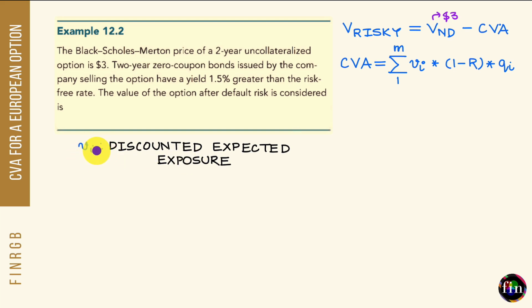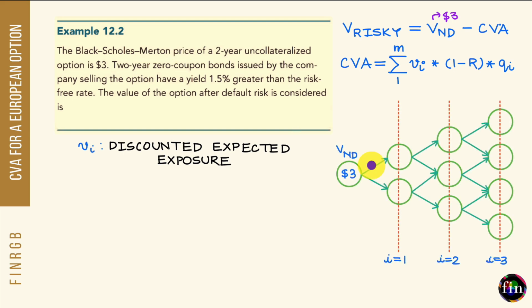Now, to arrive at what this V sub i should be, let's, for reasoning's sake, shift away from the chosen model which we have here, which is the Black-Scholes model, and instead think of the binomial tree model. Now, this is how my binomial tree will look like. Let's say it has many more steps, and I have only shown you the first 3 steps here.